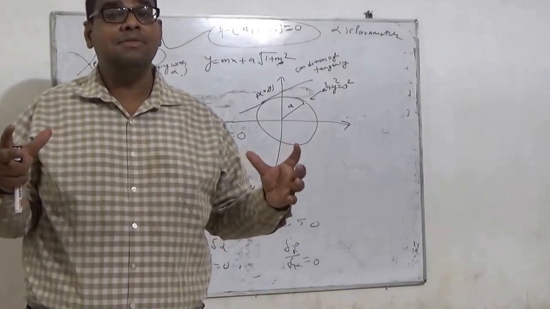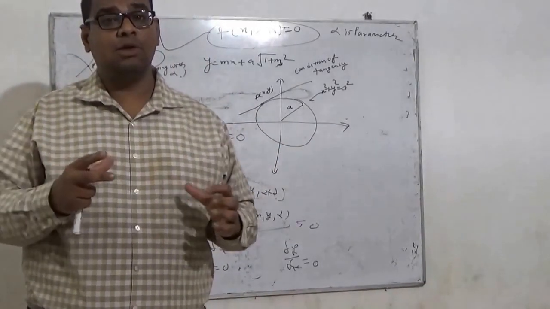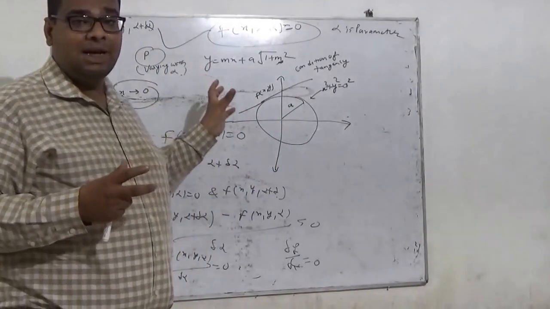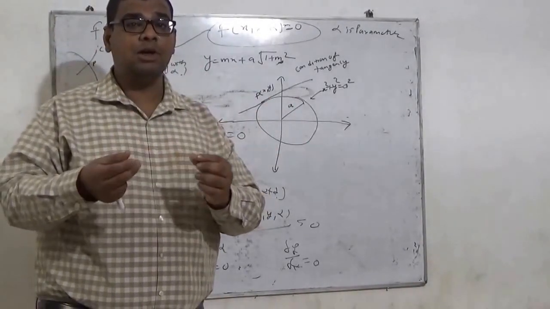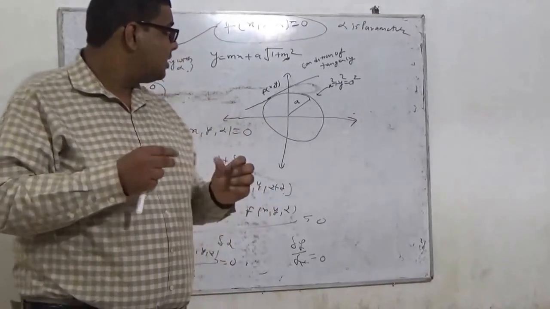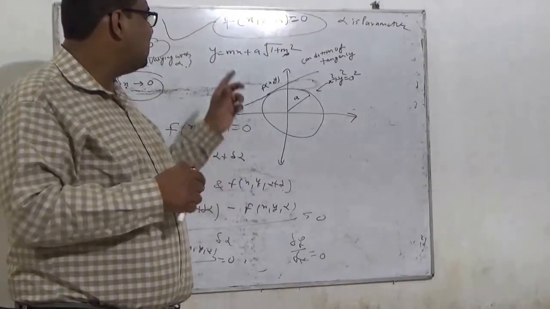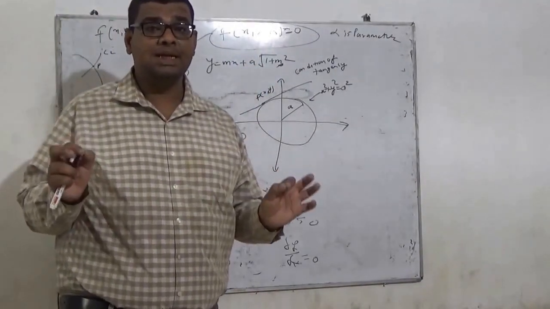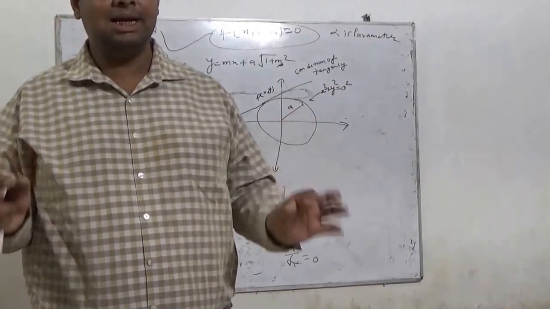So finally I get a family of curves, or family of straight lines, because m can be varied. So I can say that y is equal to mx plus a square root of 1 plus m square represents a family of straight lines.